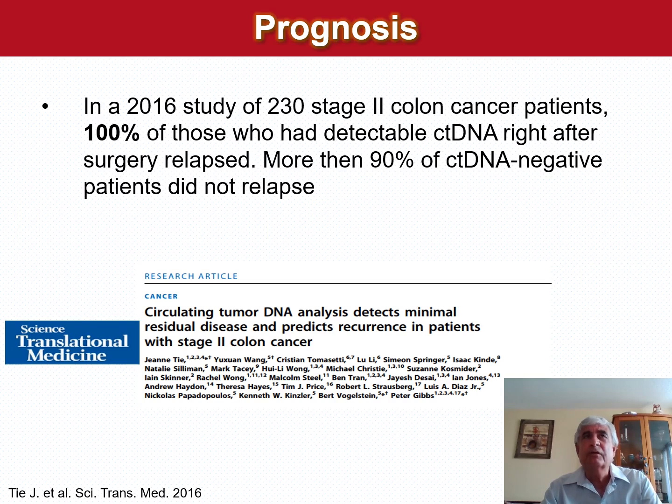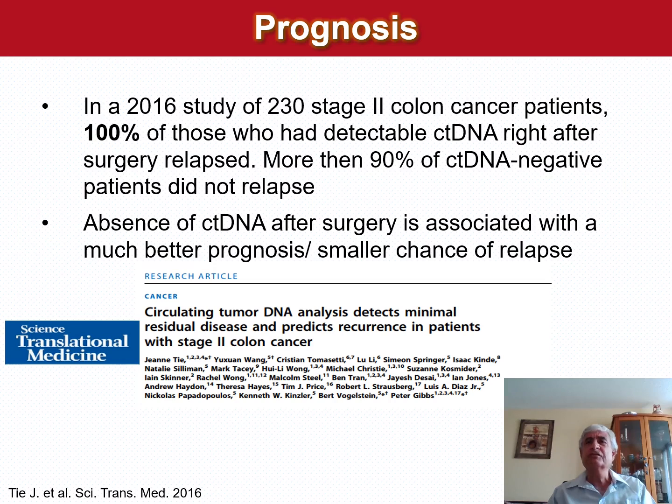For example, in a 2016 study of 230 stage 2 colon cancer patients, 100% of those who had detectable circulating tumor DNA right after the surgery relapsed, but more than 90% of those who were negative for circulating tumor DNA did not relapse. This shows that circulating tumor DNA carries very important prognostic information for cancer.